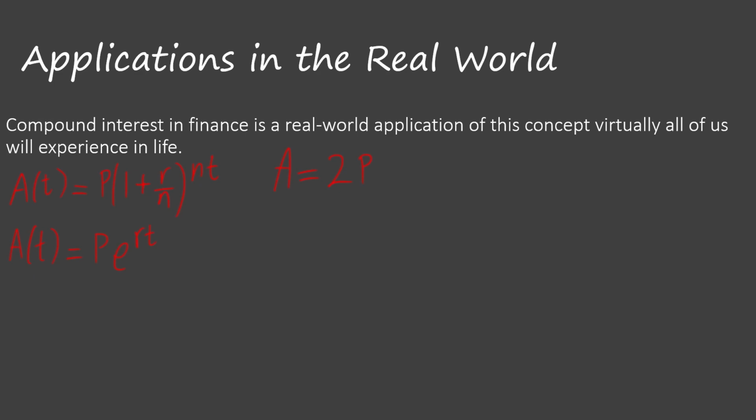So we would use the compound interest formula. Let's just assume it compounds annually, so n is going to be equal to 1. So 2P equals P(1 + r)^t. So we would just get rid of the P, leaving 2 = (1 + r)^t. And to solve for t, we would have to take the logs.